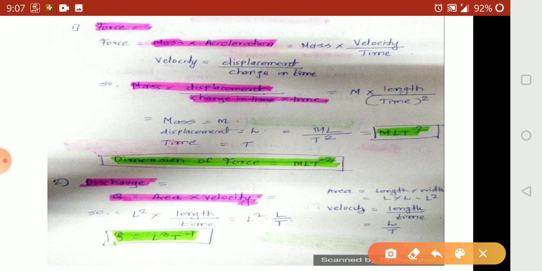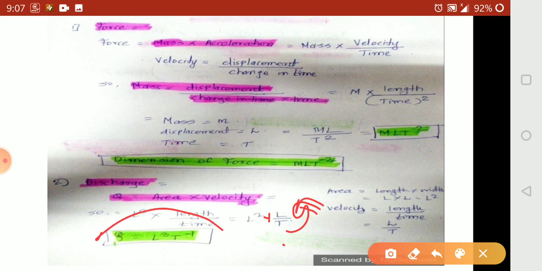So L square into velocity, what is velocity? Velocity formula is length upon time. So L square, length is measured in L and time is t, so L square into L upon t. L square into L is L cube, and t comes in the upper side, that is t minus 1.